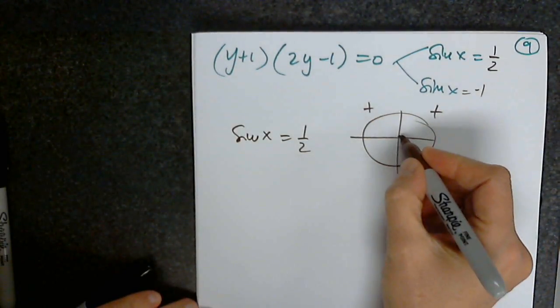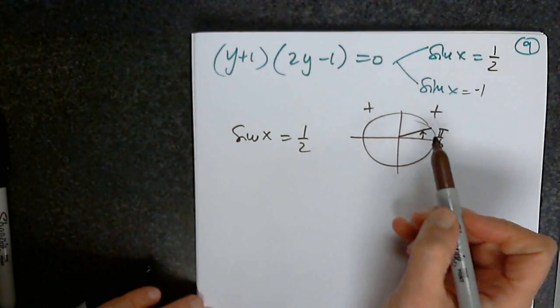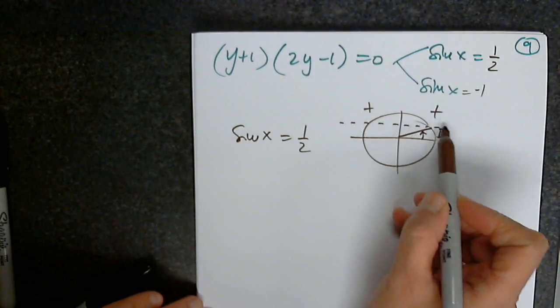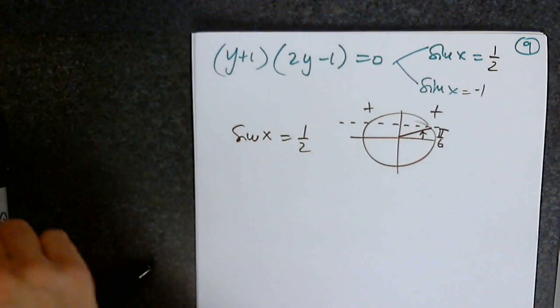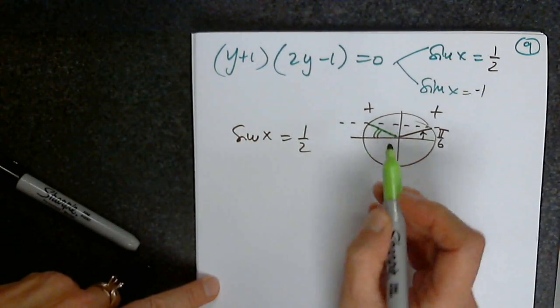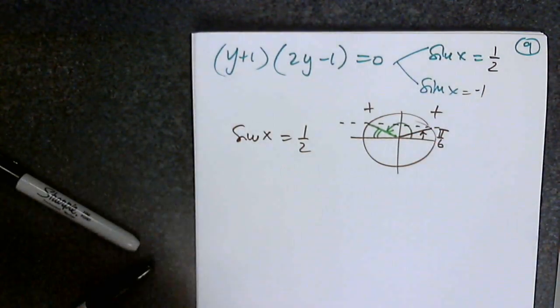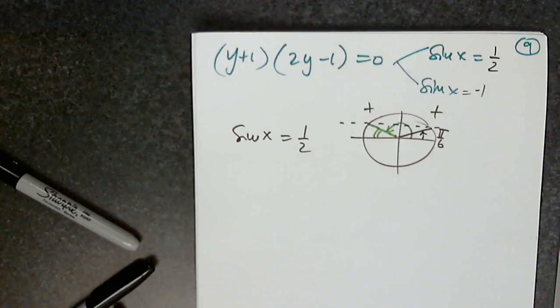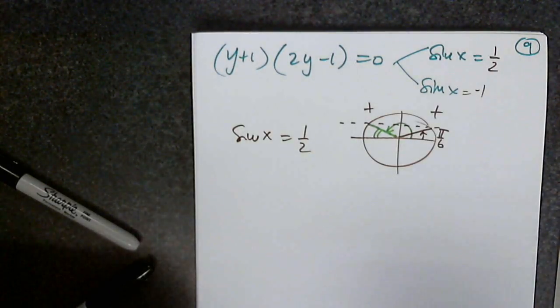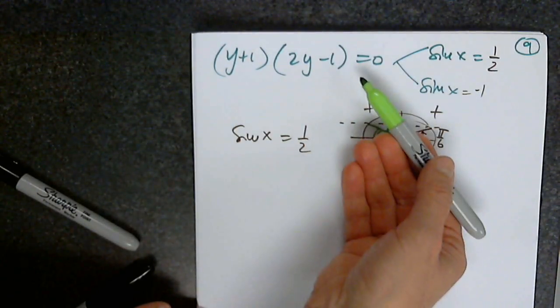So then I have a pi over 6 here. And then I draw a horizontal line this time. And I find in the second quadrant an angle with the same reference angle of pi over 6 that starts, of course, on the x-axis. So, yes. In other words, pi minus pi over 6. Pi over 6 shy of pi.